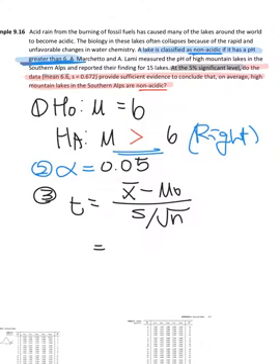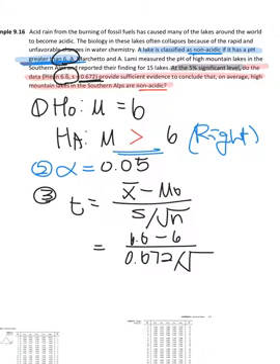Who was the x bar? 6 was mu. Then now 6.6 is the x bar, the sample mean, minus the mu 6. And here was the s, 0.672. Can you see how many samples? 15. 15 lakes.